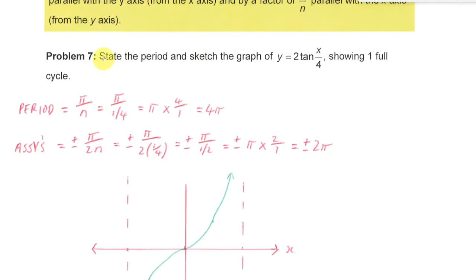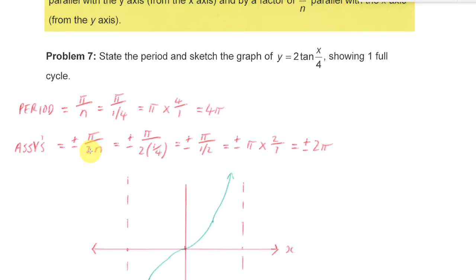Alright, so question 7, state the period and sketch the graph of y equals 2 lots of tan of x on 4. So for our period, the n value, the value immediately in front of the x, is 1/4. So our period is pi on n, so it's pi over 1/4, and so it's 4 pi. That's how long it takes us to get there. Our asymptotes we can write as plus or minus pi on 2n.